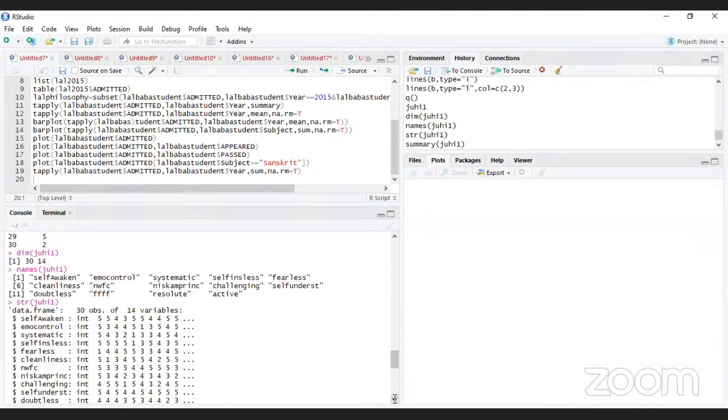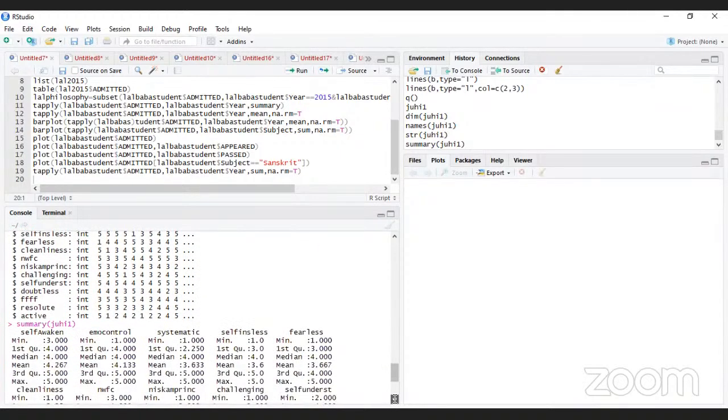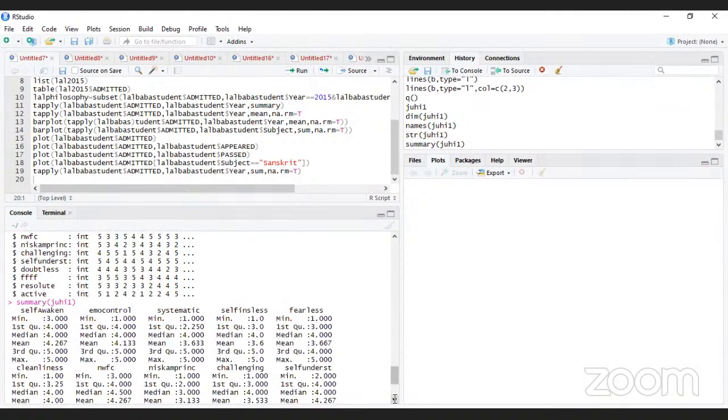The name is Juhi1, and there you will find the 14 values, and these values are in rating format. If I calculate the summary, I find the maximum score is 5 everywhere and the minimum score is 1. But in case of self-awakening, the minimum score is 3.